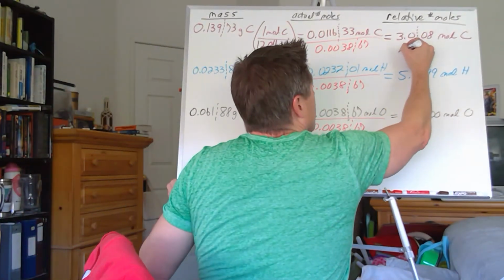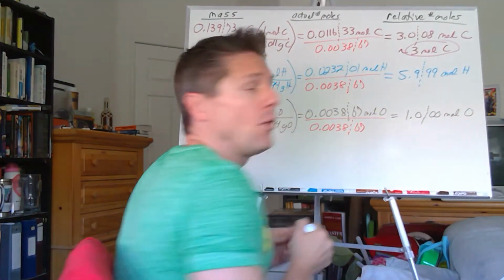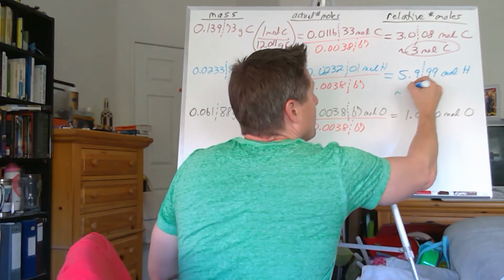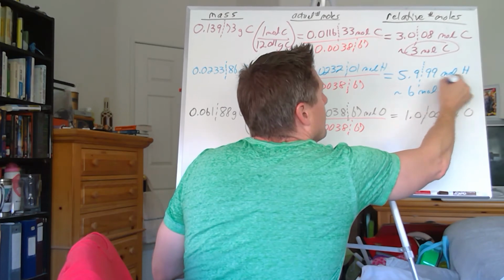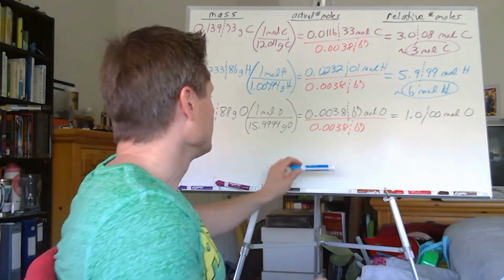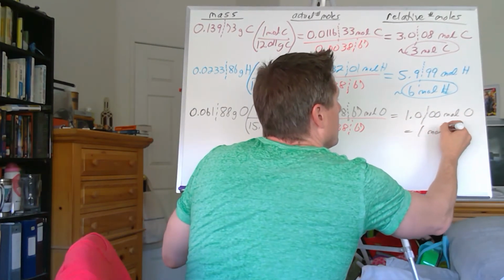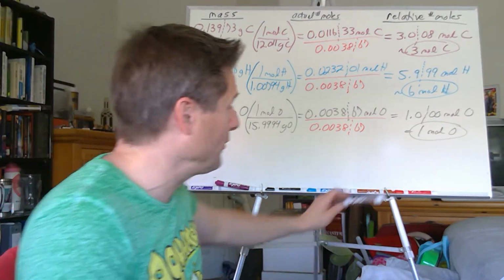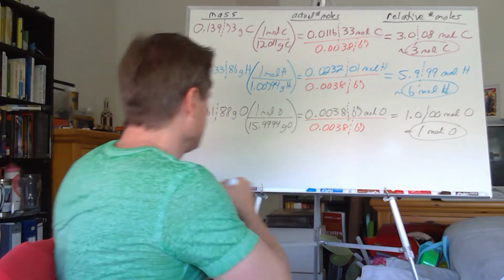That's close enough to 3, so I'm going to go 3 moles of carbon. And for hydrogen, that's close enough to 6, so let's go 6 moles of hydrogen. Duh, I look at the H and I write a C. I don't understand it sometimes. And then this is just 1. There we go, right? Hey, we skipped the whole step. Nice, isn't it? So we can write the empirical formula for this.